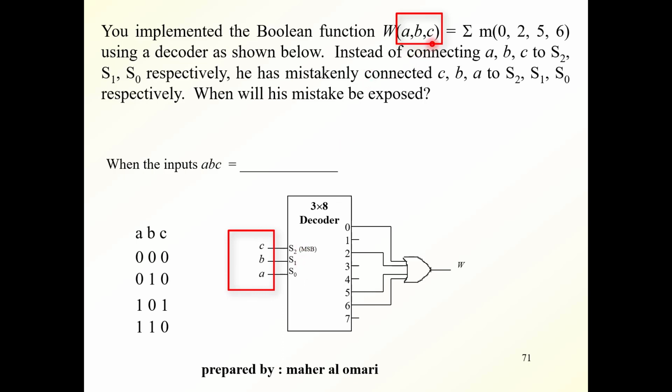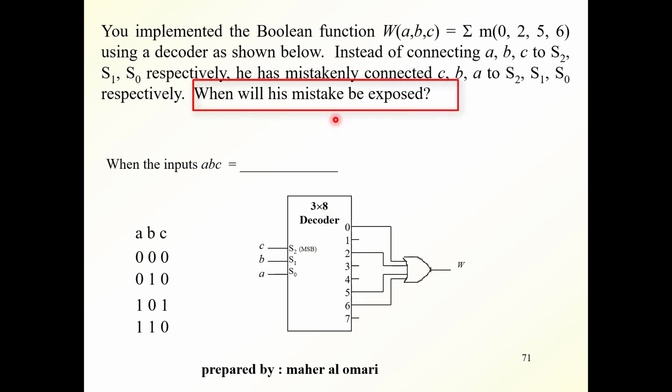C being the least significant, you connect C to S0, then you connect B to S1, then you connect A as the most significant to S2. Suppose mistakenly you connected C to S2 and A to S1. When will this mistake be exposed?